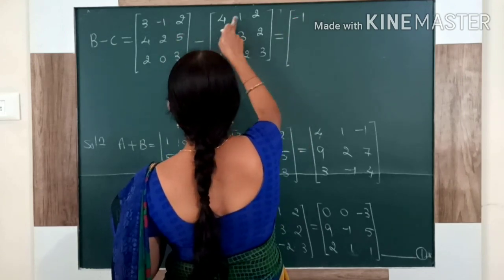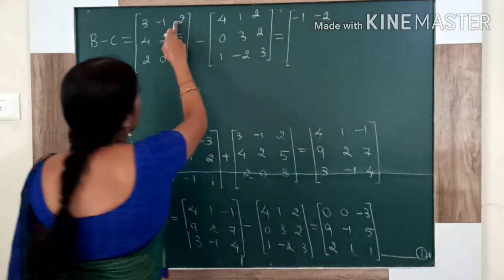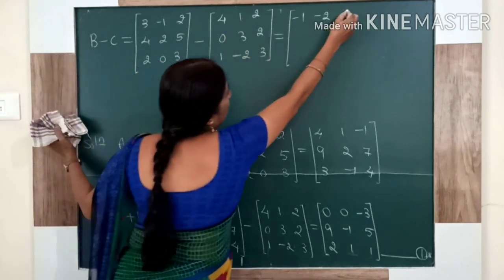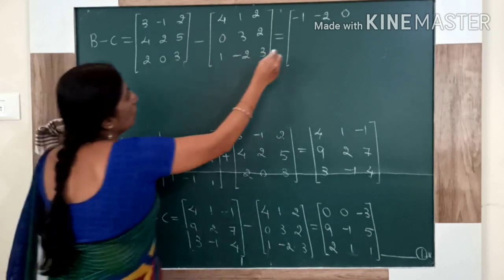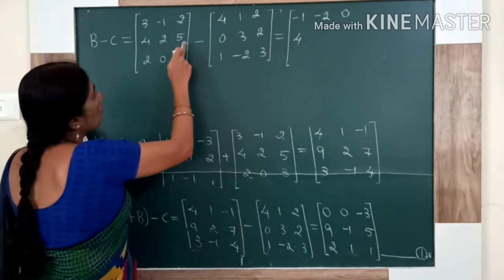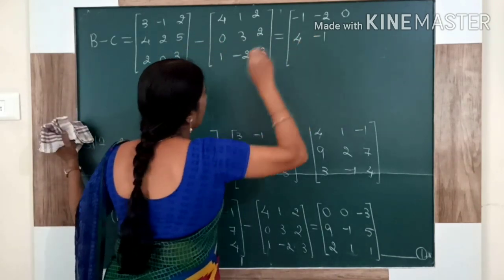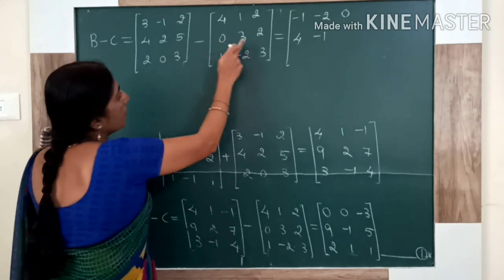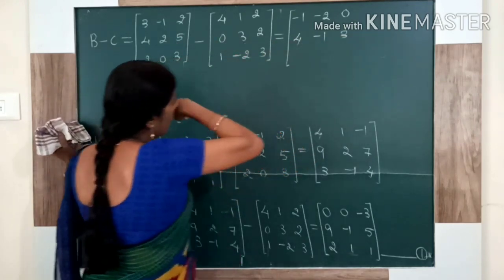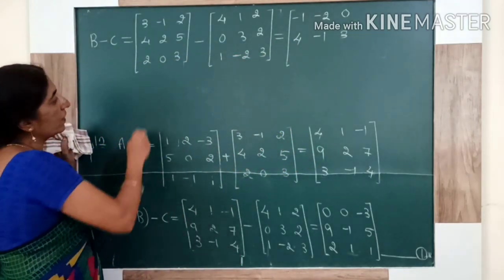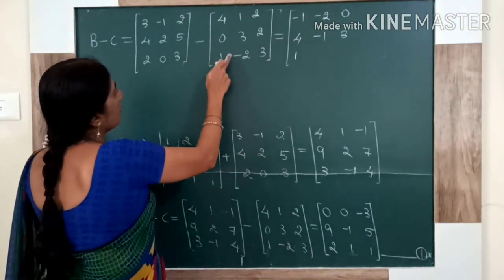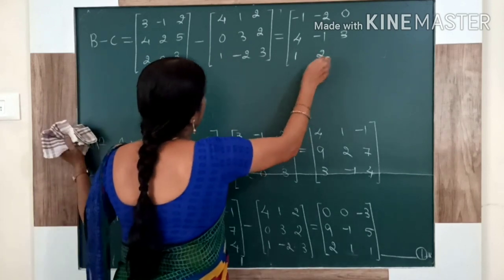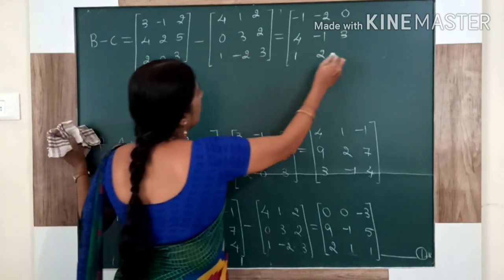Minus 1 minus 1, it is minus 2. 2 minus 2, 0. So I am showing each and everything. 4 minus 0, 4. 2 minus 3, minus 1. 5 minus 2, 3. Note down each step carefully. 2 minus 1, 1. 0 minus into minus becomes plus, 3. 3 minus 3, 0.